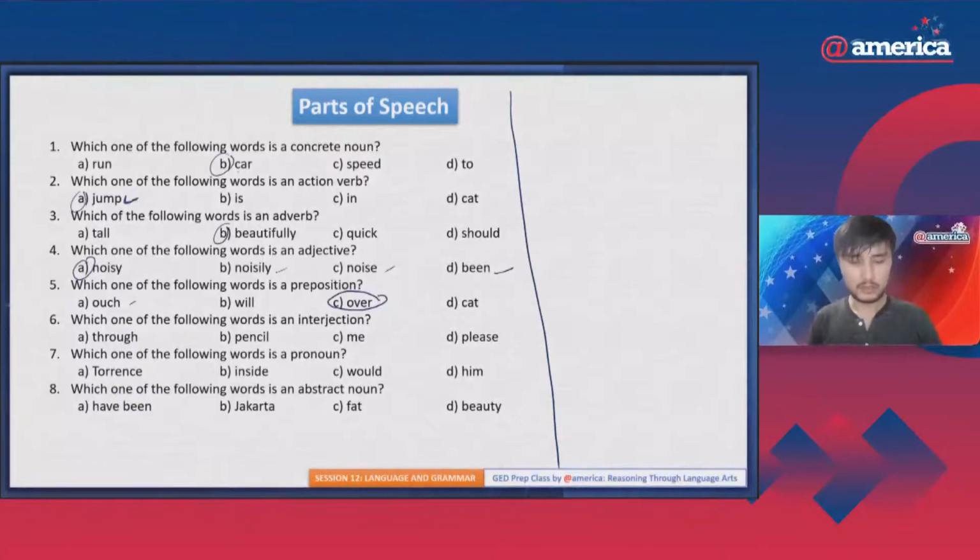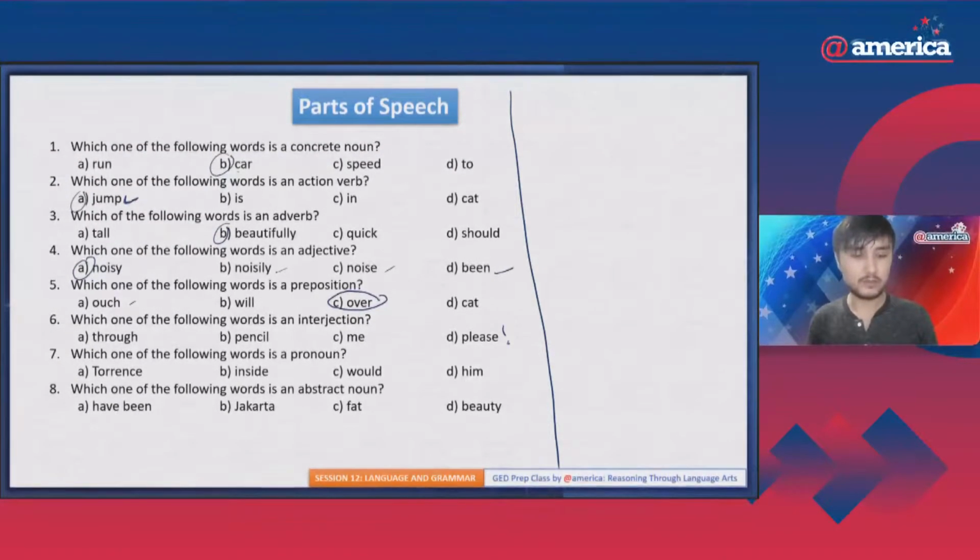So which of the following words is an interjection? Okay, let's just make this one. We have "through," we have "pencil," we have "me," and we have "please." "Please," right? Short exclamations, and you could add the exclamation mark there.